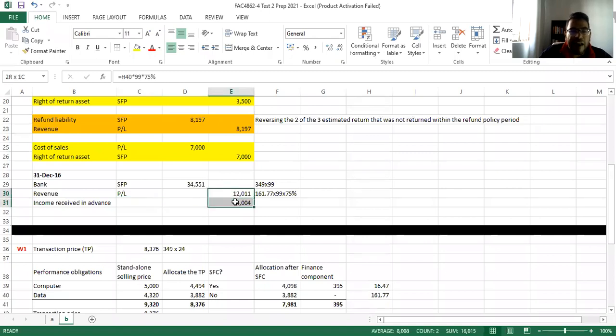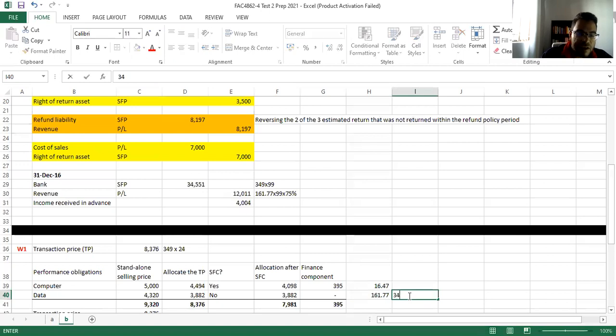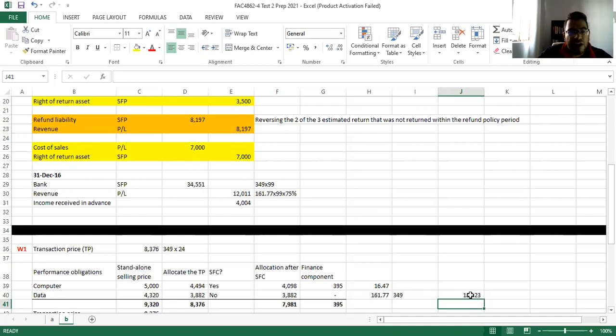So the balancing figure is 349 minus 161.77, which is 187.23 of the 349 that relates to the contract. But just take note, we need to deal with it in a different manner. I will show you now.